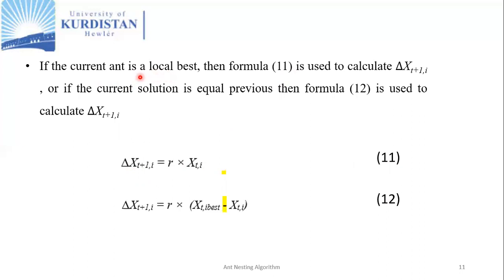Now, if this condition is true, then use 11. Or if the current solution equals the previous solution, then at that time we use equation 12, which is R, a random number, multiplied by the best solution minus the current solution.